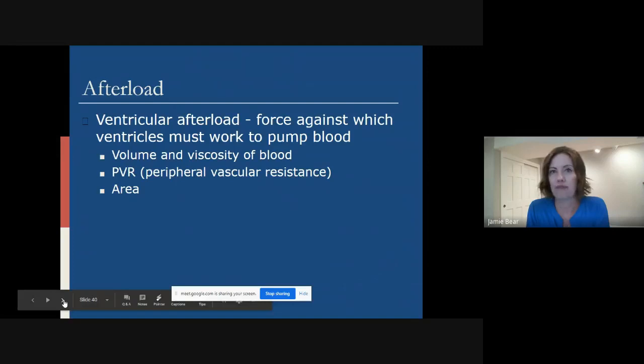If we have a lot of red blood cells, such as in the case of polycythemia due to chronic heart or lung conditions, we'll have really thick blood, and of course, that's going to make our ventricles work a lot harder. Once again, peripheral vascular resistance is just the resistance in our vessels, and then there's the internal surface area of the vessels themselves. All of that's going to affect the afterload.